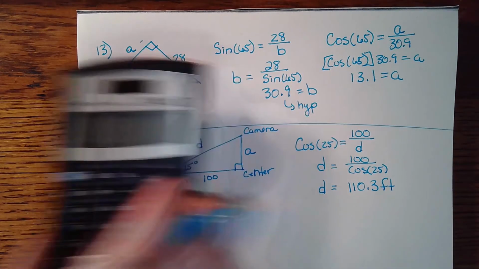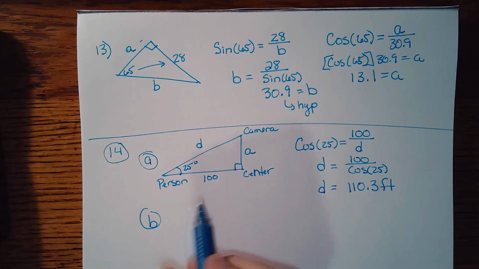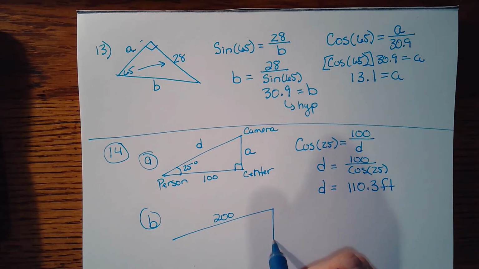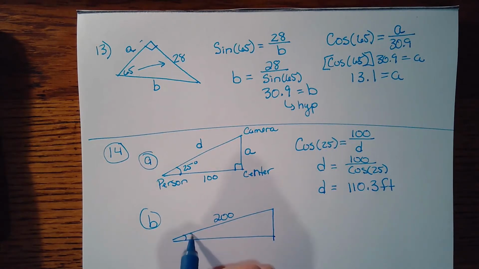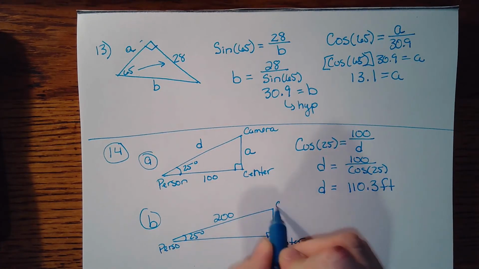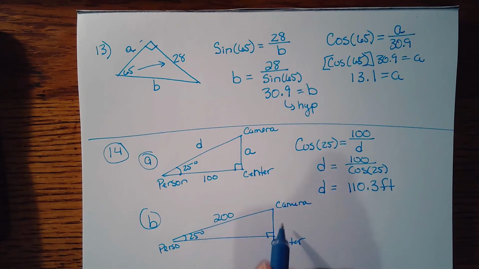Now this is part A, remember. So let's do part B. Part B says if the string is 200 feet and we're still at a 25-degree angle, then what is the distance across from the person to the center? Okay, and there's your camera again. So I'm looking for down here. So let's call that A and that C. So what's happening here is you can't do the opposite again.